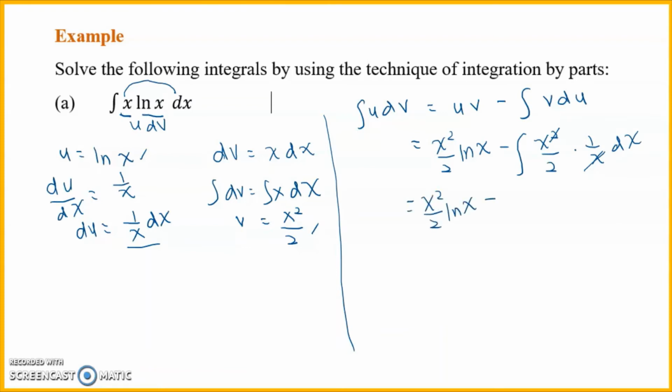Then we integrate x over 2, which gives us x squared over 2 divided by 2, so x squared over 4. And finally, plus c here. So this is the answer for this problem.